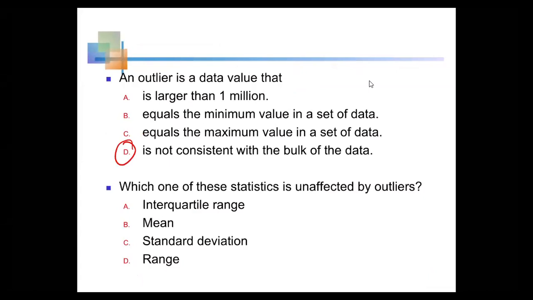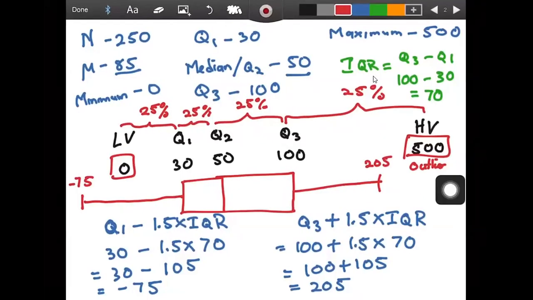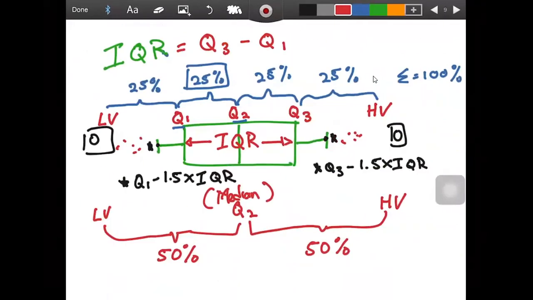Which of the following statistics is unaffected by outliers? In the previous video, the mean is affected by outliers. Median is not affected by outliers. Range is affected by outliers. Interquartile range is not affected by outliers because it takes the middle part only.